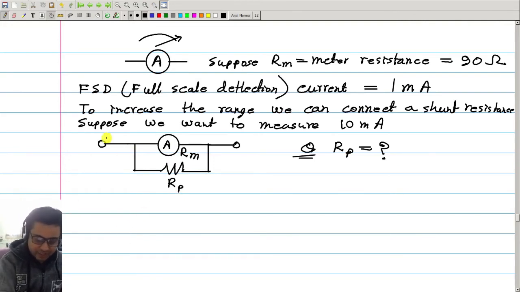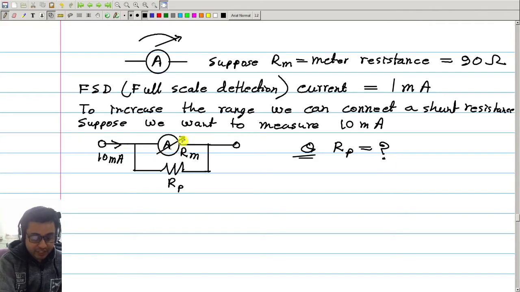This is the way. We want full scale deflection when 10 milliampere current flows through this arrangement. That means when 10 milliampere current is flowing through here, we want full scale deflection.